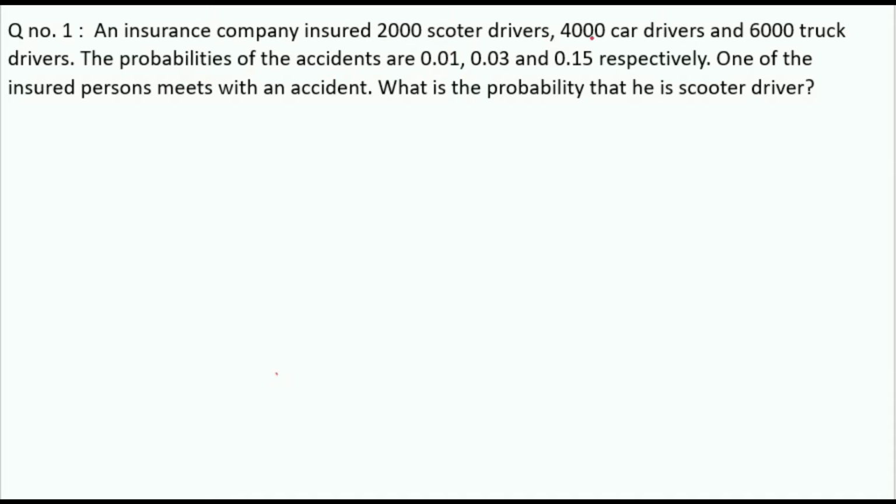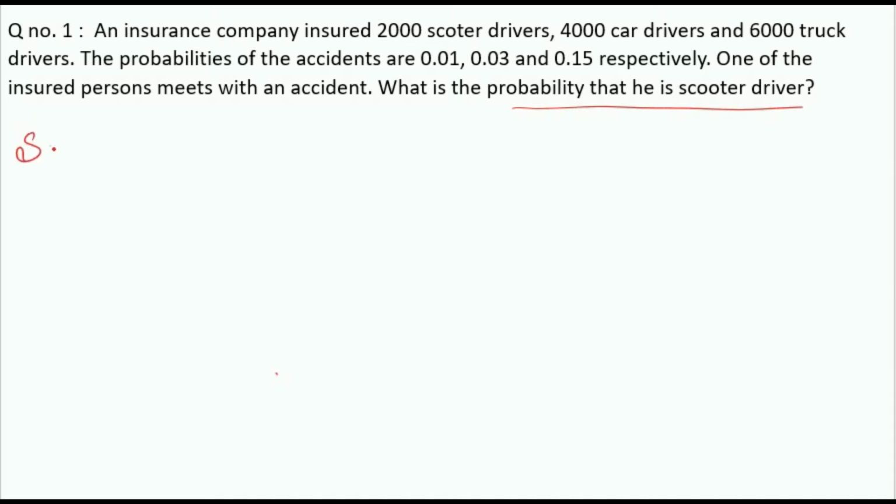The probability that a car driver will have an accident is 0.03, and a truck driver will have an accident is 0.15. Those are the probabilities. Now one of the insured persons meets an accident. So out of these people, one person meets an accident. What is the probability that he is a scooter driver? First focus on this.